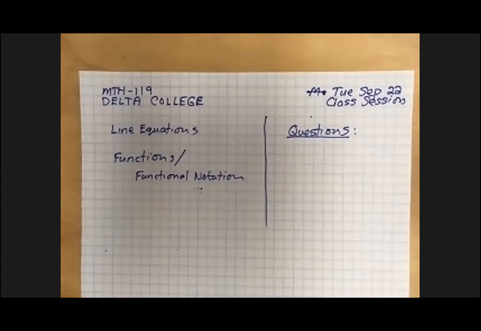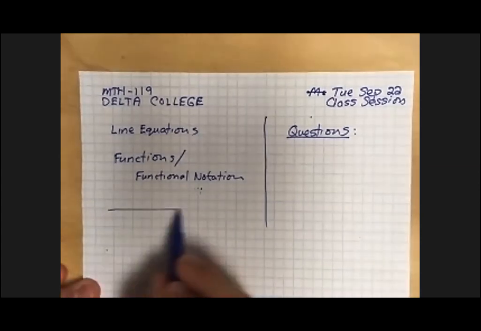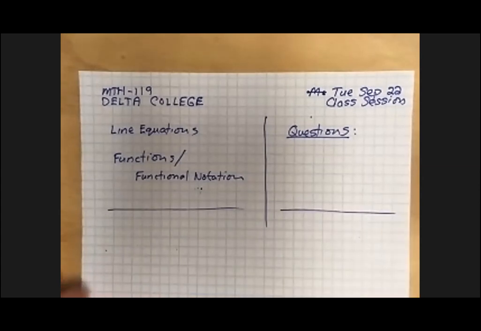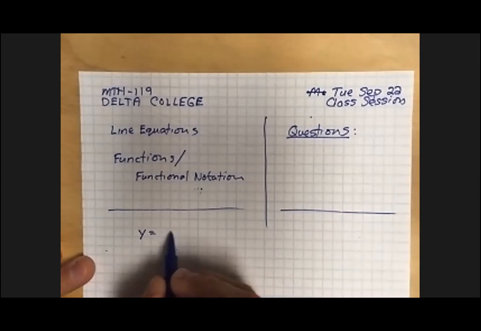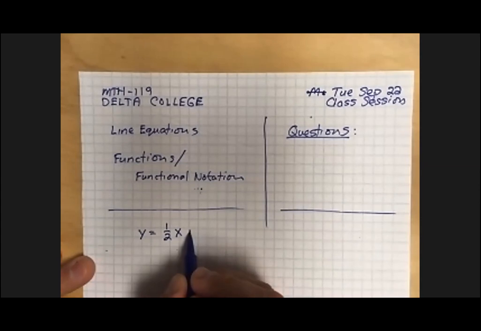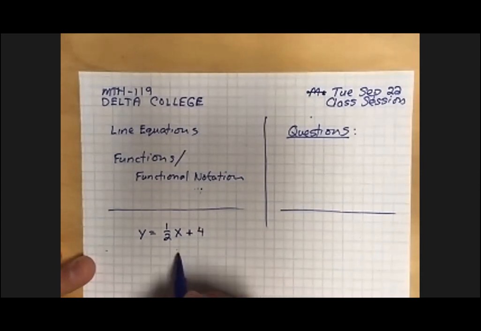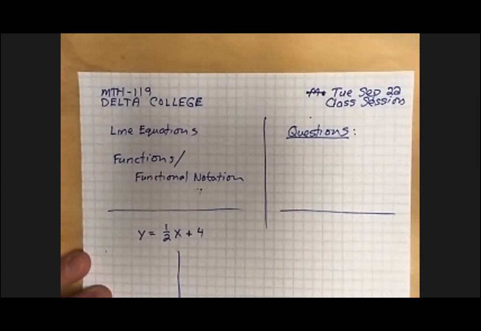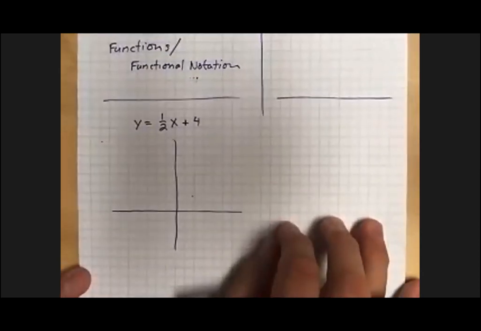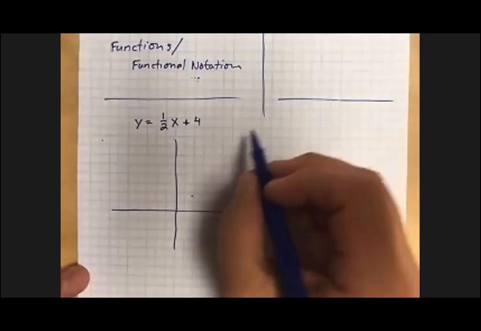Let's talk about line equations. So we've done a little bit of practice taking the equation of a line and graphing it, but just at a very basic level, experimenting with points. Let's say I wanted to graph this line right here.